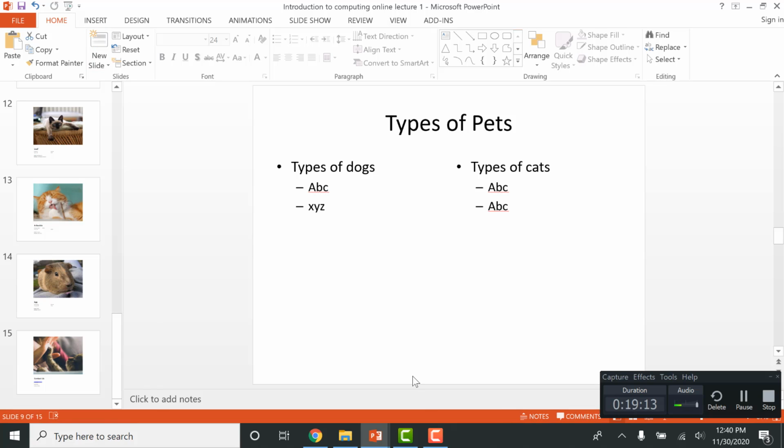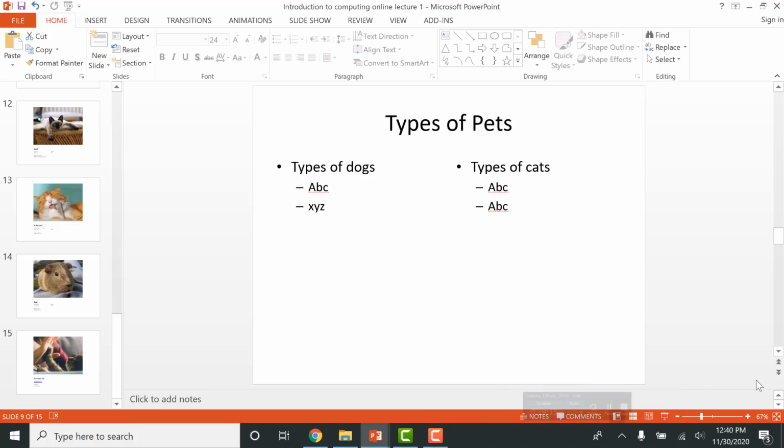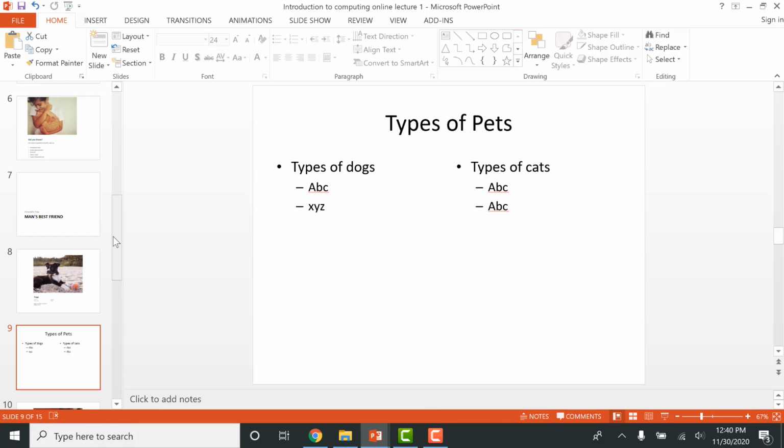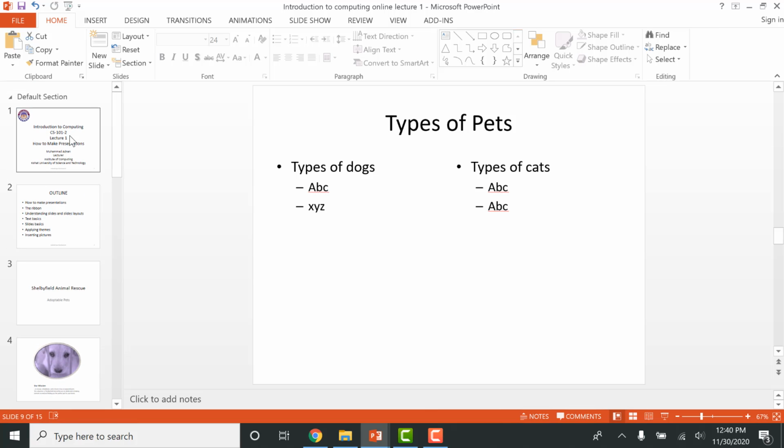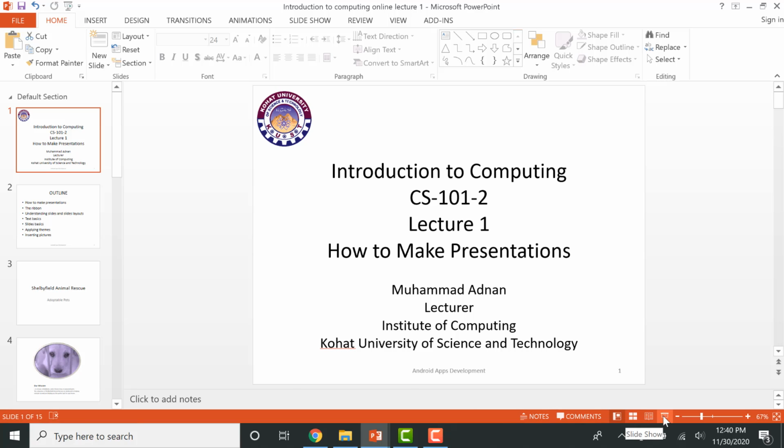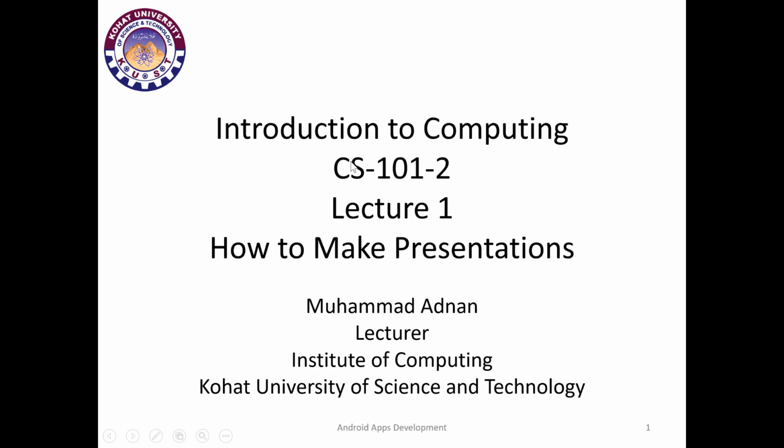Okay, now make sure that you have selected the right slide. I'm going to go to this first slide, click here, and there you can start giving your presentation about your topic.